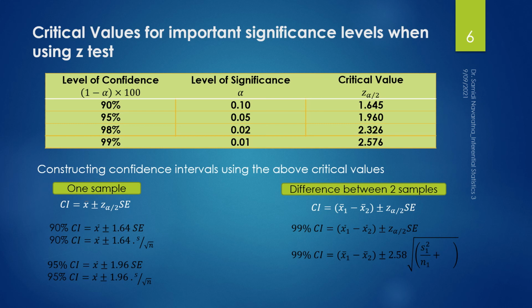So instead of the sample statistic here, the mean, we just put the difference between the two samples here, the difference between the means. Then we put the standard error which we used for the difference between two samples.